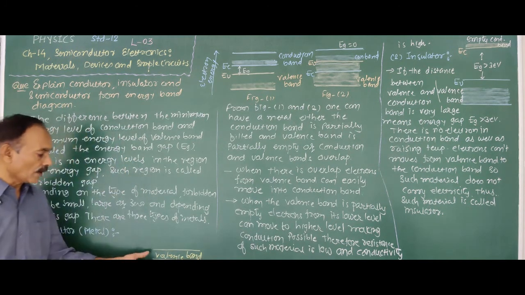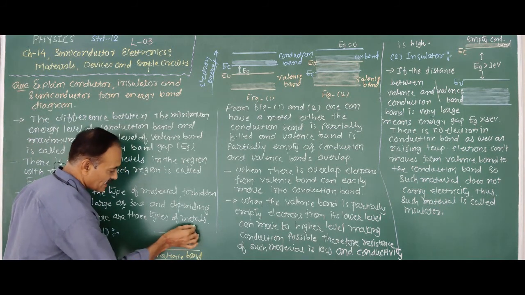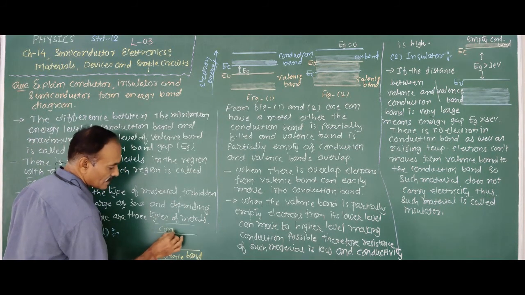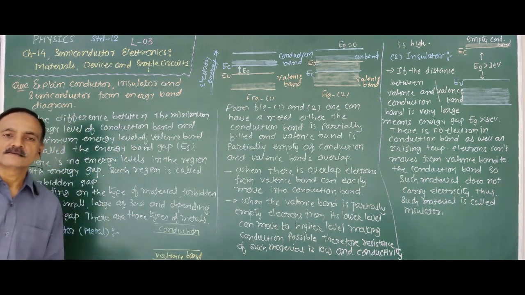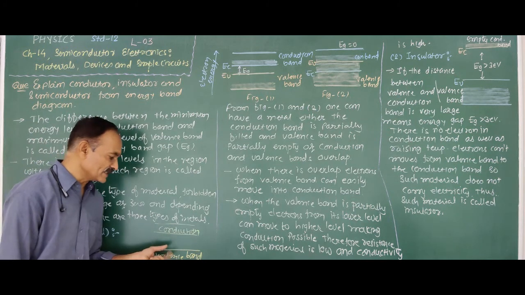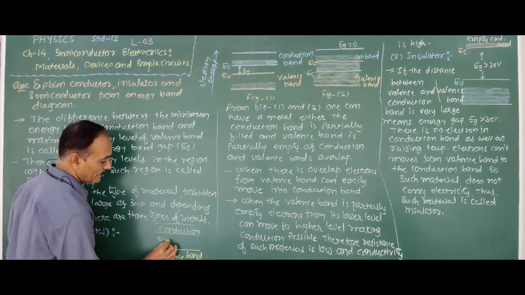Just above the valence band, another band is present that is known as the conduction band. There is some gap between the valence band and conduction band that is known as the forbidden gap.